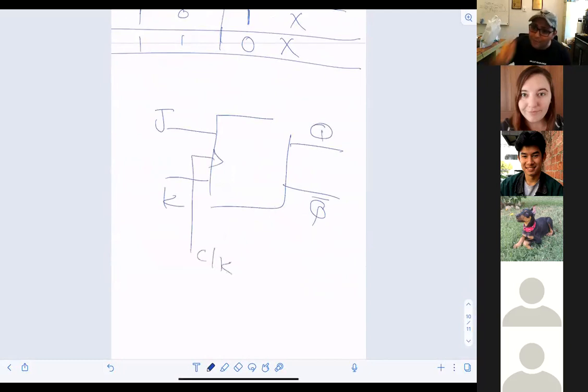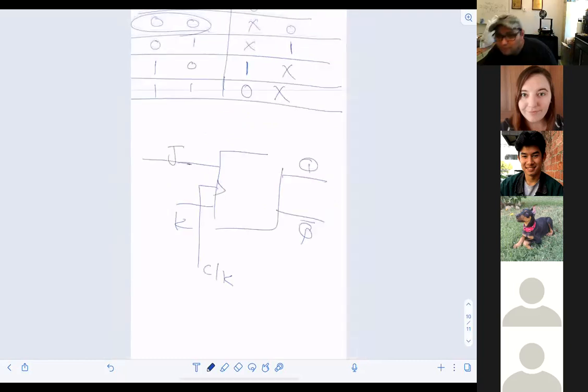If I would like to build a D flip-flop, that means I'm going to run out of the state of toggling and storing by flipping the relation. What does it mean? It means that JK flip-flop has 0, 0, 0, 1, 1, 0, 1, 1.